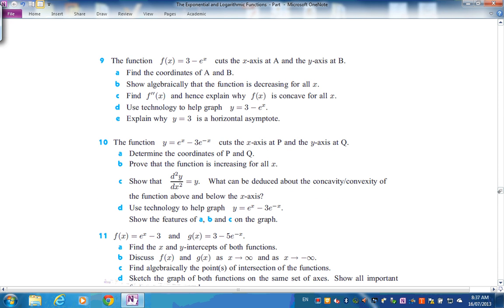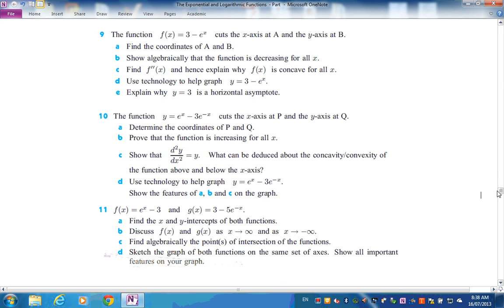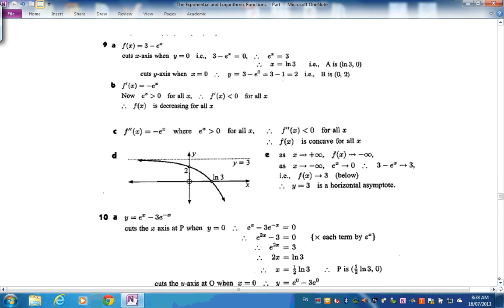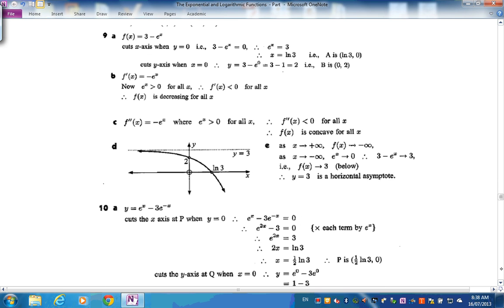So have a look at some functions now and try and do the same sort of thing. We've got a few here. So you might pause the presentation now and have a go. Okay, so let's have a look now at some solutions to that. We've got question 9 there.